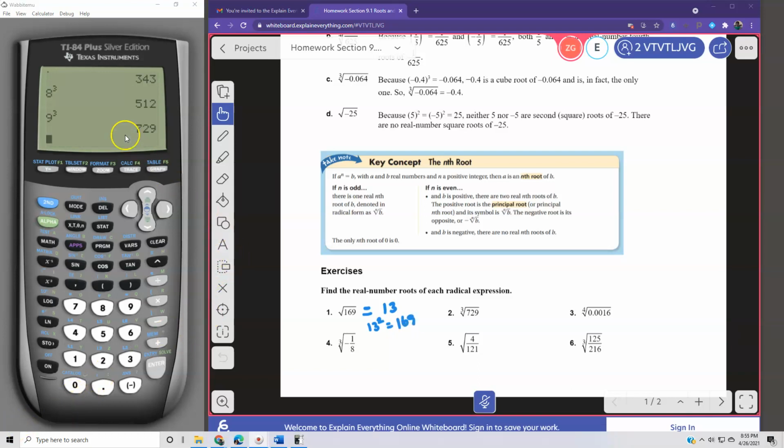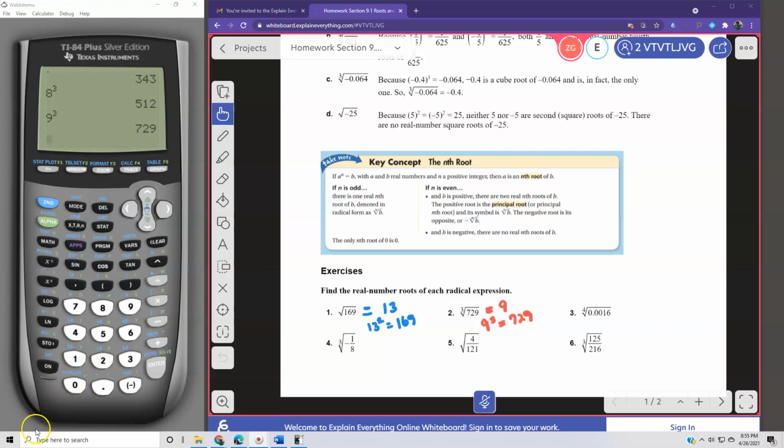If you look at my calculator, I was doing some computations before I did number 2. We have 8 to the third power, which is 512. Before that one, it was 7 to the third power, which is 343. And then 9 to the third power is 729. So that tells you the cube root of 729 is 9, since 9 to the third power gives you 729.